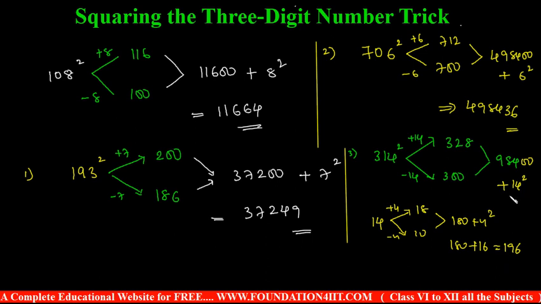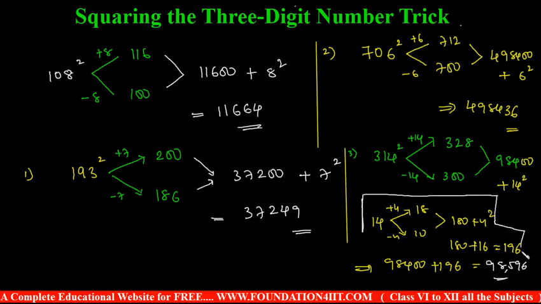This 196 will be added here. So finally 98,400 plus 196, that is the final answer. 400 plus 196 is 596, so 98,596.